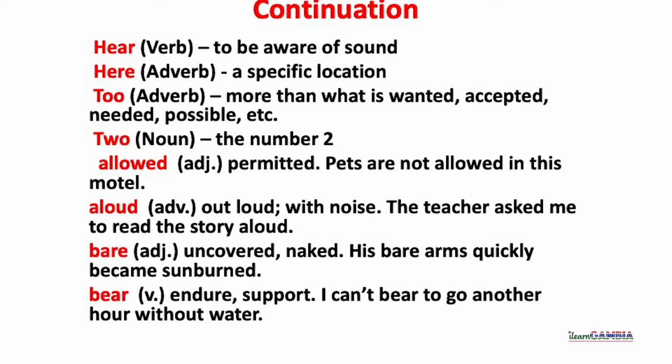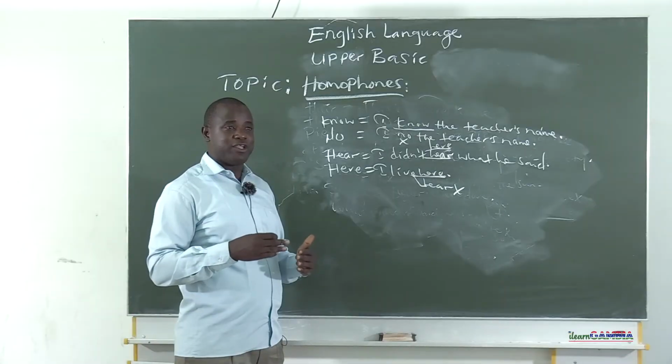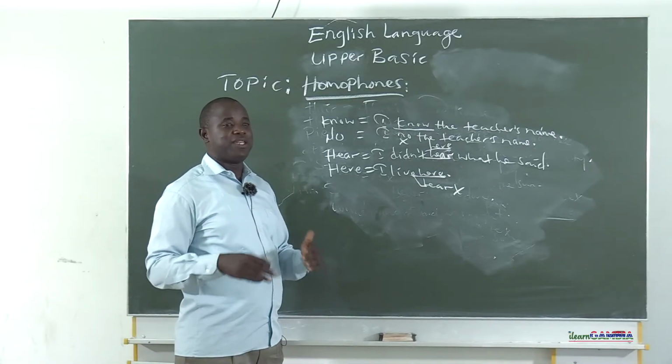So the other one we have is bare, uncovered, meaning naked. We say his bare arms quickly became sunburned. So the other one, bear, means to endure or to support. He said, I can't bear to go another hour without water. So you can see these words, when you pronounce them, they sound the same, but in usage they mean differently.